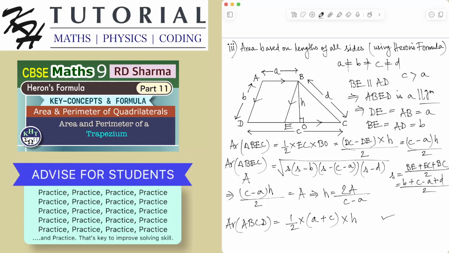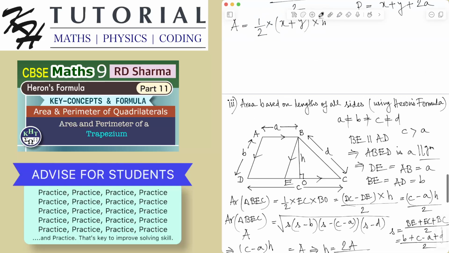So this way we find the area of the trapezium where the lengths of all the sides are given and are unequal. And of course in this scenario, the perimeter of the trapezium will be a plus b plus c plus d. So that is all about the area and perimeter of a trapezium.